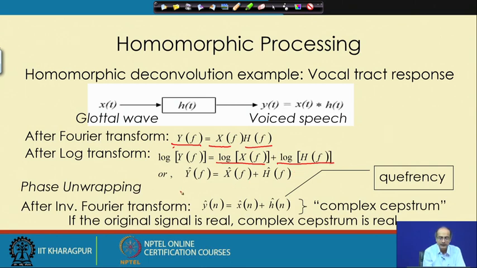So, we write them in a compact form, that Y hat f equals X hat f plus H hat f.